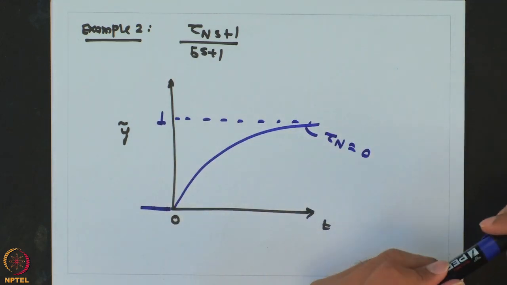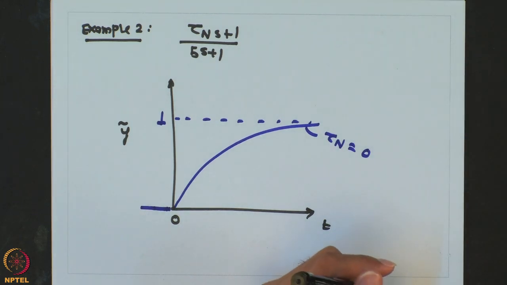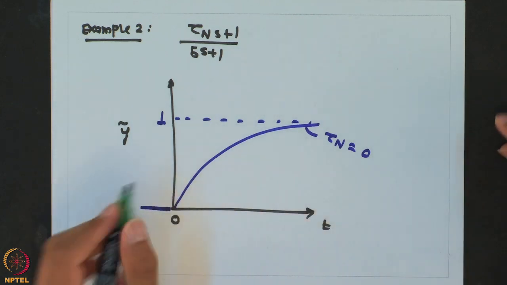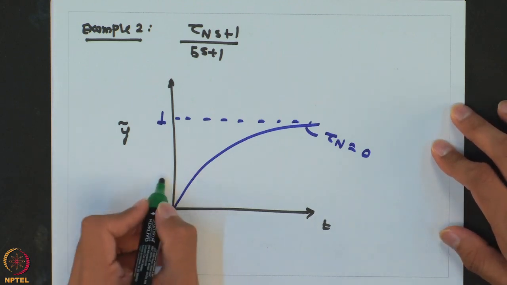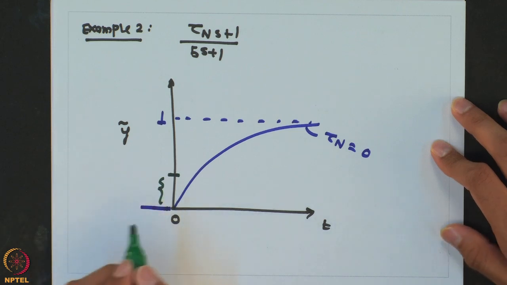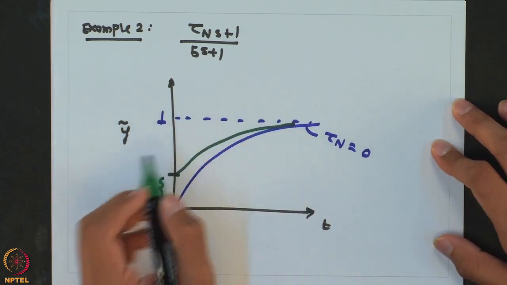Now, if we increase tau n beyond this value, what you would see is that in that case the response does not start at 0. So, up to time t equal to 0 the response is 0, and suddenly the response starts at some non-zero value and then goes to this final value as a first order response.